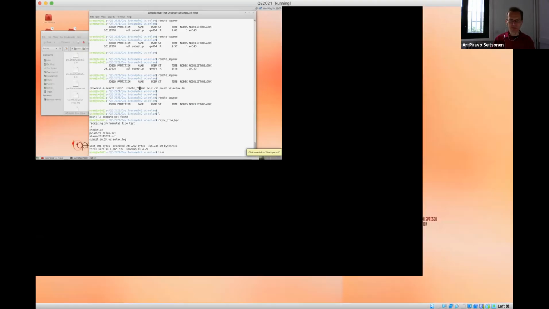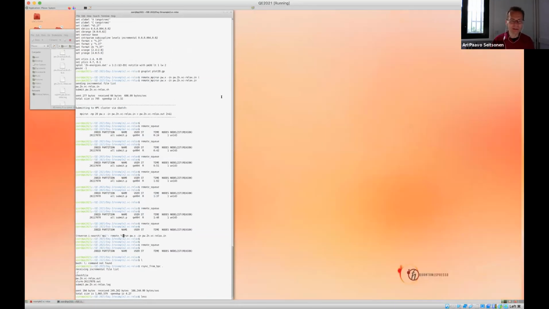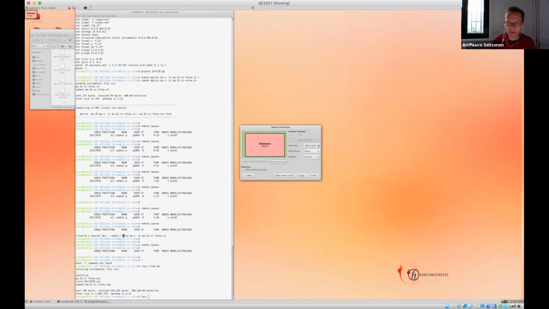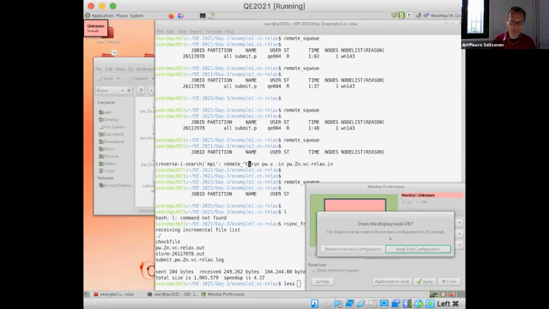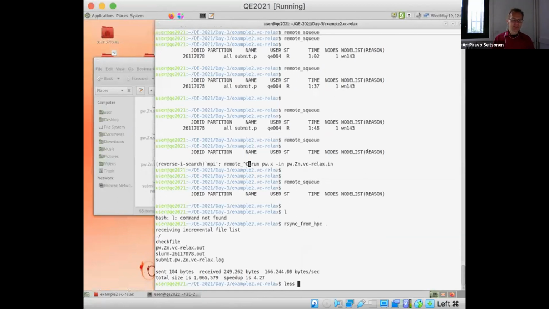Okay, sorry, I took the wrong one. No, it again adapts to high resolution. I don't know why it goes back to this. Because I do the resizing of the screen and it goes back. So I try not to do it. Well, I try to do it now. Sorry for that. I try to stay at this size.